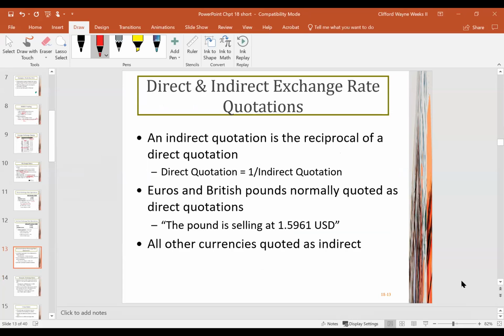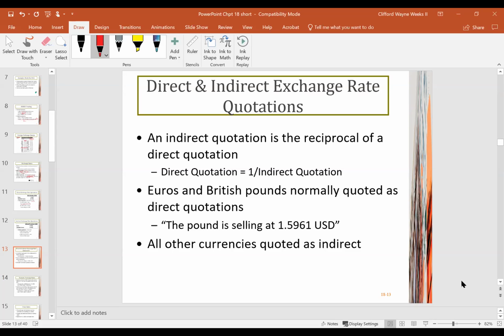So direct and indirect exchange rate quotations. An indirect quotation is the reciprocal of the direct quotation. So the direct quotation was 1 divided by the indirect quotation. Euros and British pounds are normally quoted as direct quotes. The pound is selling at US dollars.